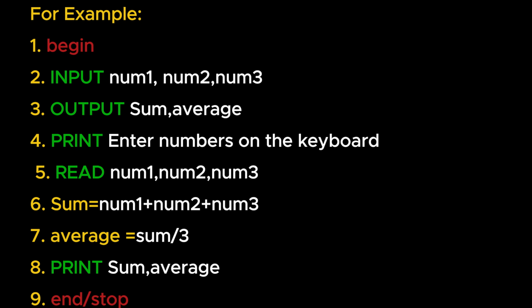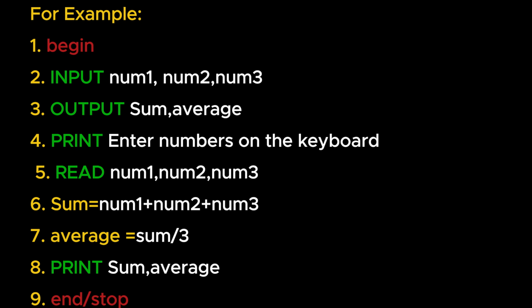For example, you see input number 1, number 2, and number 3. Then we will be outputting sum and average. So to represent it, we use the output keyword. Output sum and average. Then print enter number on the keyboard. This print keyword shows the message that says enter number on the keyboard.